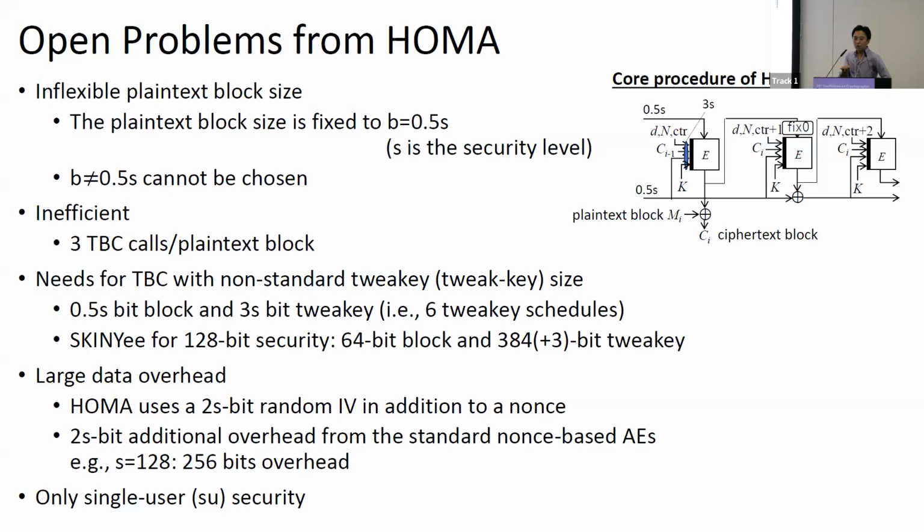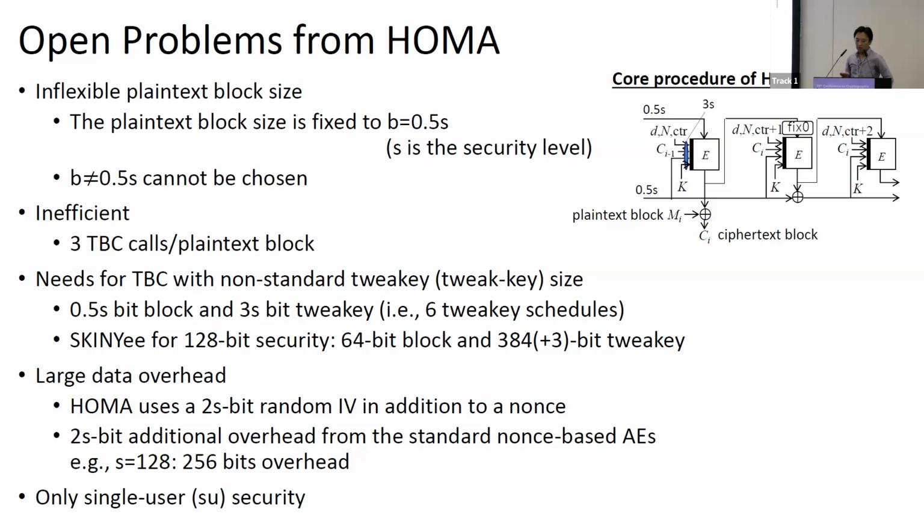And HOMA needs a tweakable block cipher with a non-standard tweak size. The block size of the tweakable block cipher is half of S bits, and the tweak size is 3S bits. That is, the tweakable block cipher of HOMA must have at least 6 tweak schedules.